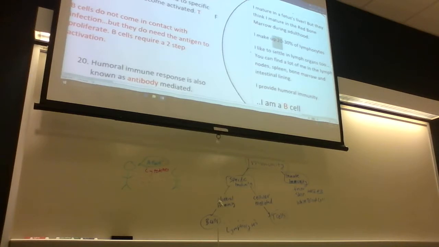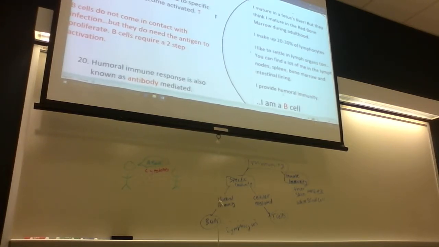B cells make up 20 to 30% of lymphocytes, a lymphocyte being your B cell or T cell. They like to settle in lymphatic organs, mainly lymph nodes, spleen, bone marrow, and intestinal lining. These provide humoral immunity by utilizing the antibodies in the blood. B cells depend on cytokines from T helper cells to become activated.